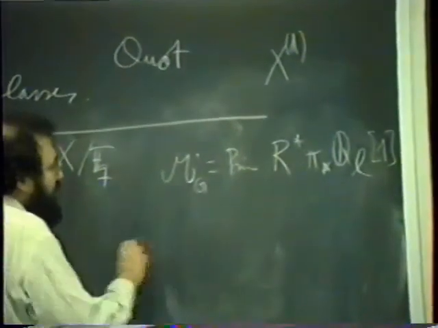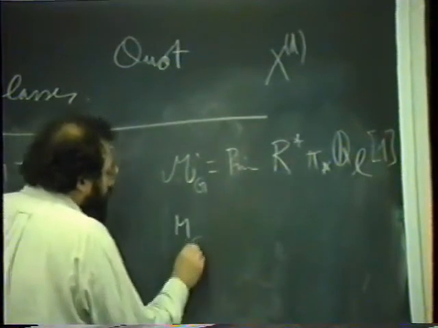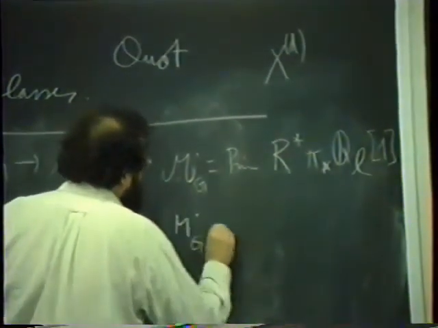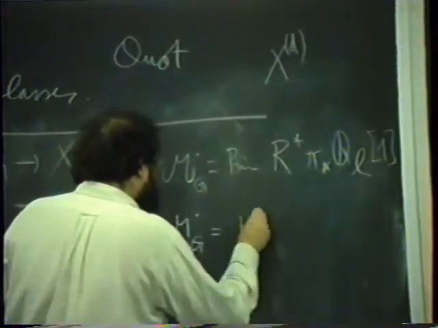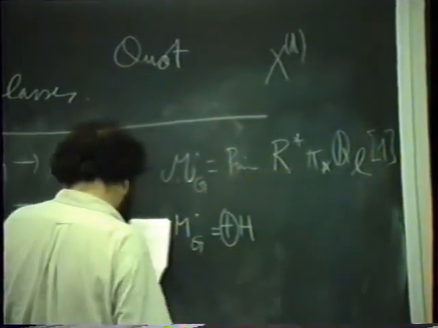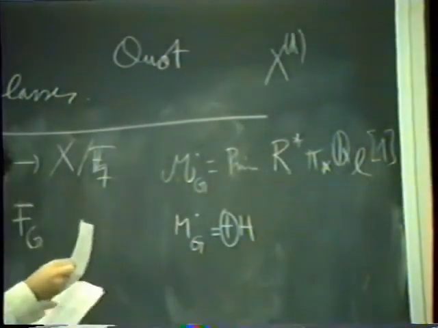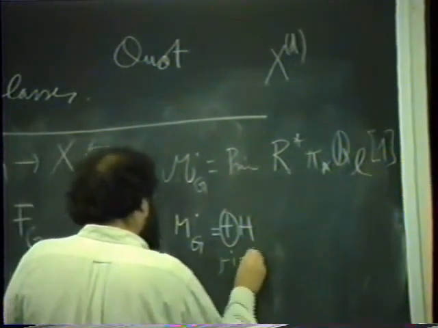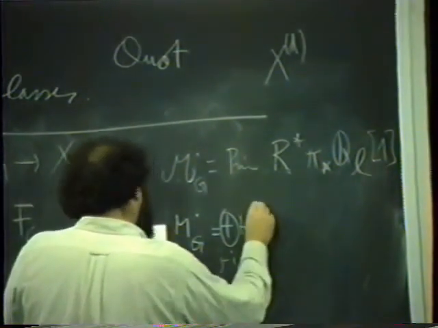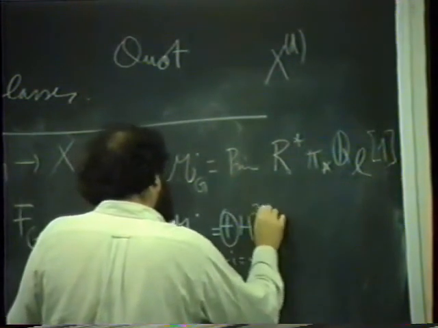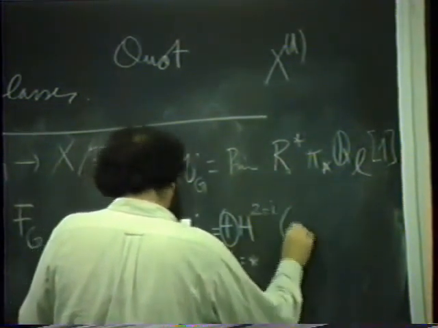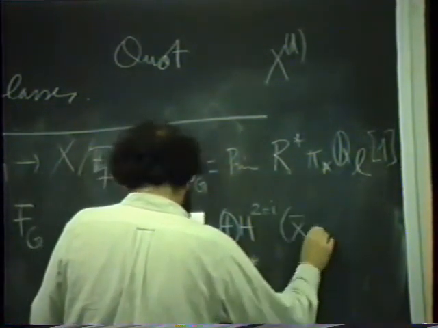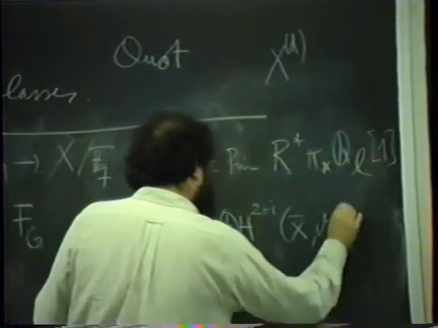So once I have this, now I can form a graded module, which is the direct sum for j minus I equal star of h to the 2 minus I of x bar m sub g j.